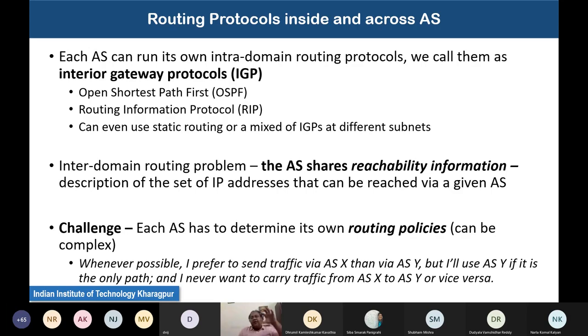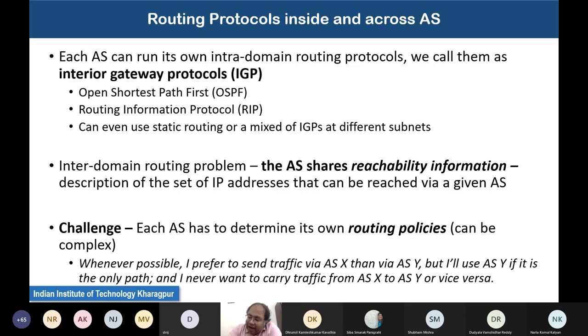We basically say that these particular autonomous systems can be used to forward the packet to this set of IP addresses. The set of IP addresses in CIDR notation, as you already know, is represented in the form of a subnet. So it says that in this particular subnet, you can forward the packet if you can reach this autonomous system.